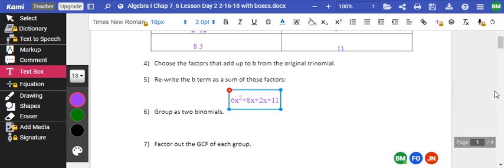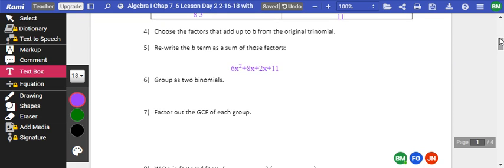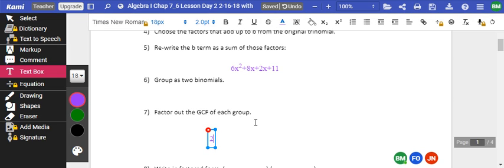Then we're going to take the greatest common factor out of them. Out of 6 and 8, I can take 2. So I can take a 2x out of it, and then I've got 3x plus 4. And then I can't do anything with 3x and 11.